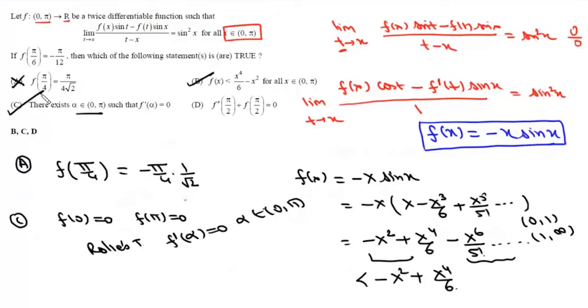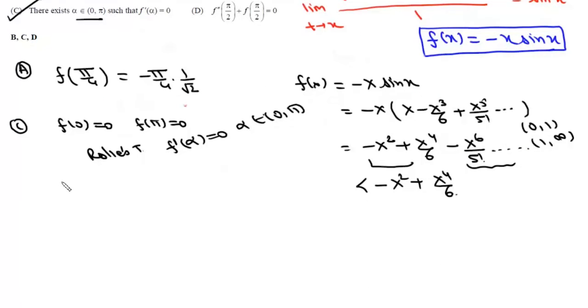Now option D is we need to find f double dash pi by 2 plus f pi by 2. Now f(pi/2) is minus pi by 2. If we differentiate this, f dash x will be minus x cos x minus sin x.